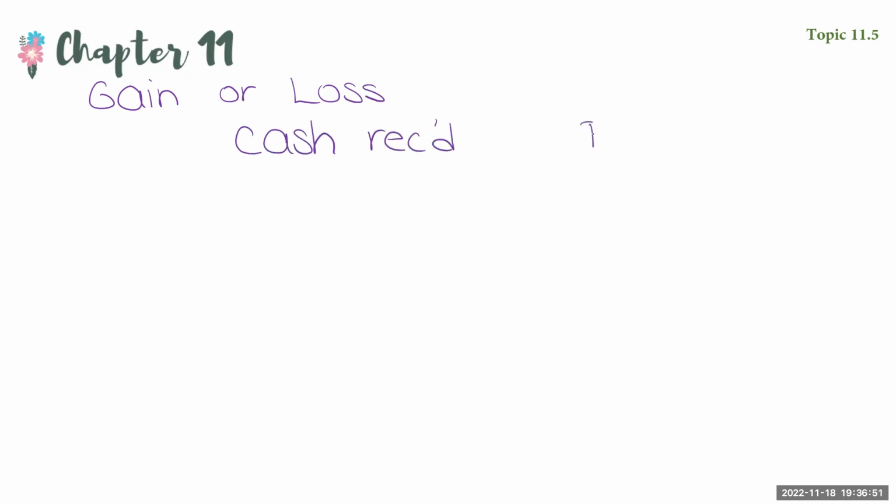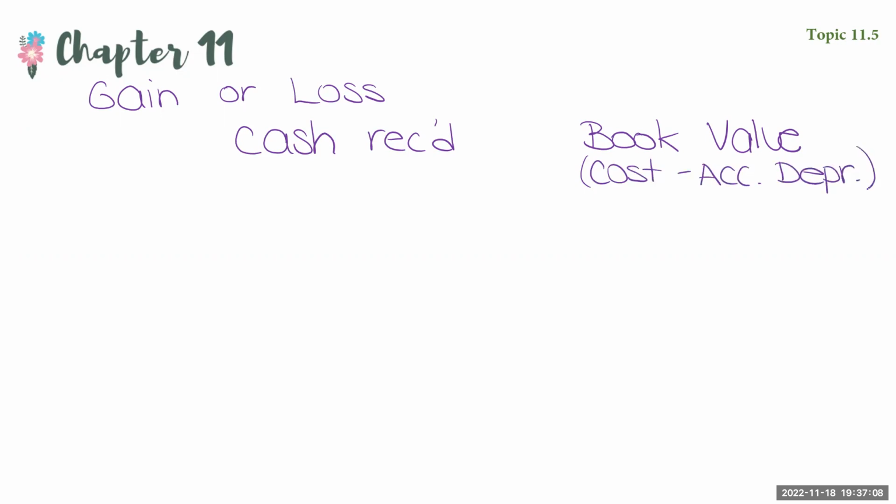All right, so to calculate gain or loss, you are going to compare the cash received for the sale to the asset's book value. We've seen book value quite a lot this chapter. I know it was chapter 4 when we originally saw it, but we have been using it heavily in this chapter. As a reminder, book value is cost minus accumulated depreciation.